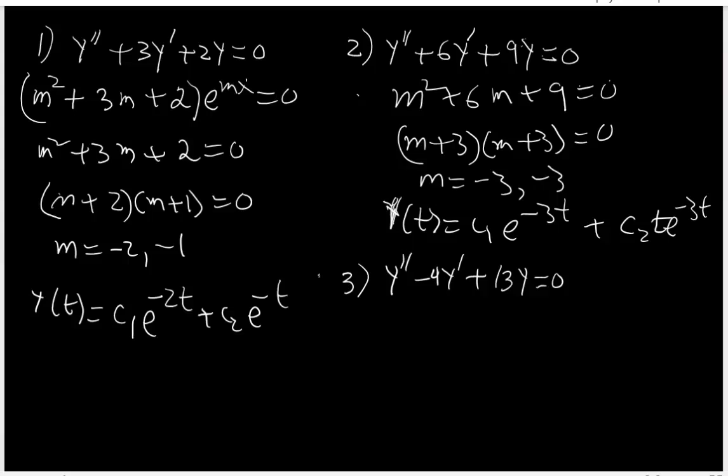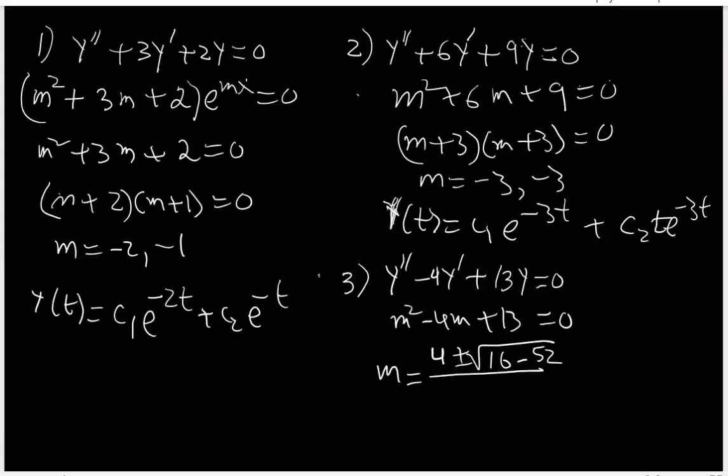Next we are going to the third differential equation, m squared minus 4m plus 13. So then m is not factorable with real roots, we can see. So minus b, b is -4, so that gives me 4 here, plus or minus the square root of -4 squared, which is 16, minus 4ac, 4 times 1 times 13, that gives me 52, over 2 times a, and a is 1.